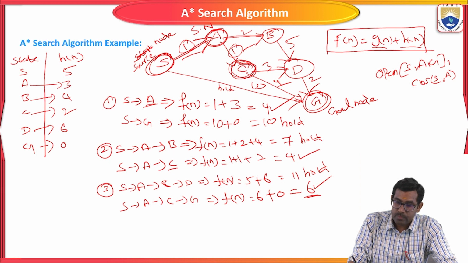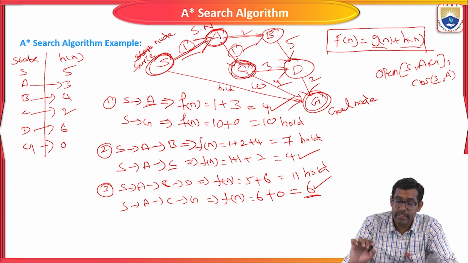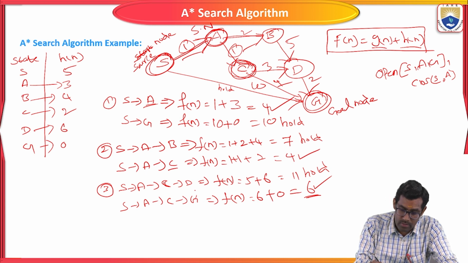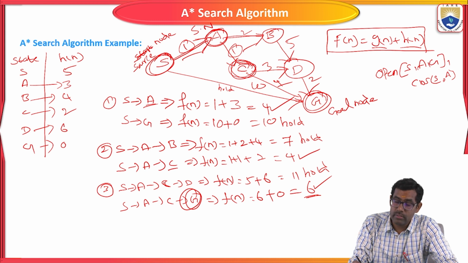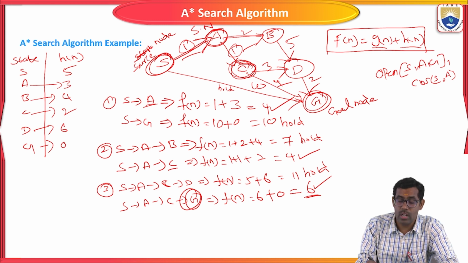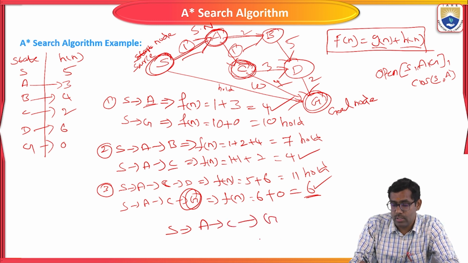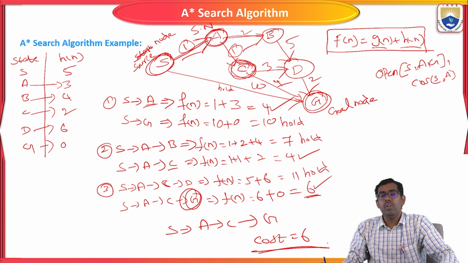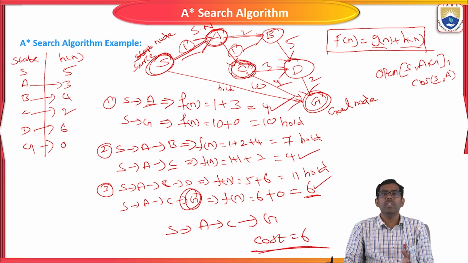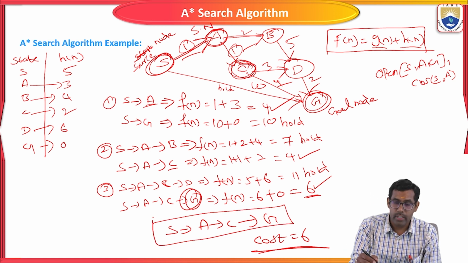Already we have set the goal state as G, so now we have reached the goal node G. What is the cost value? 6. What is the shortest path? S to A to C to G. The cost here is 6. So we calculate both the cost and the shortest path of this graph.